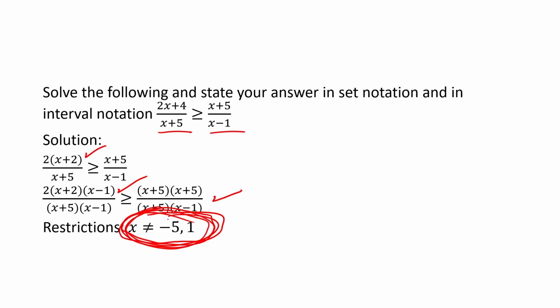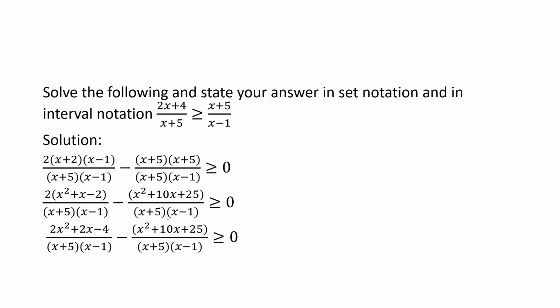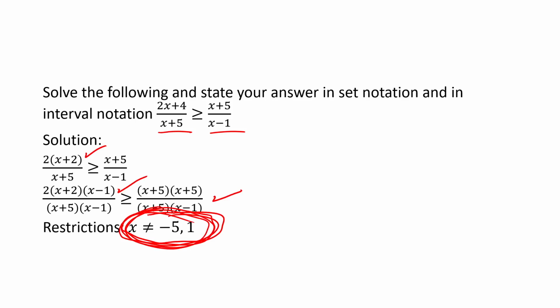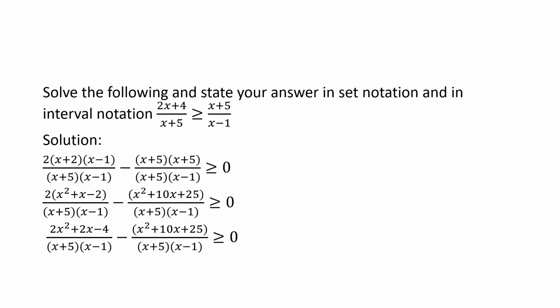Remember these numbers. Okay, so once we have this inequality stated, we get the rational expression on the right onto the left by subtracting. That does not change the direction of the inequality. And then we expand our numerators as shown, taking a couple of steps.